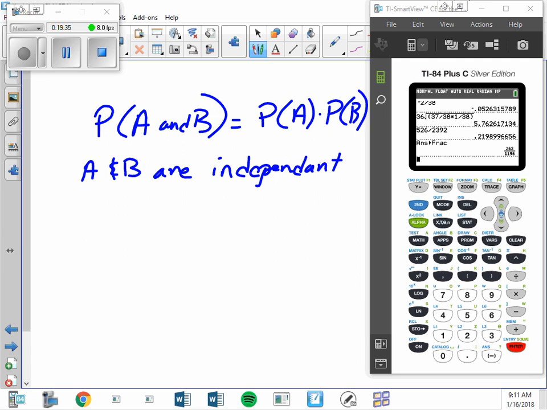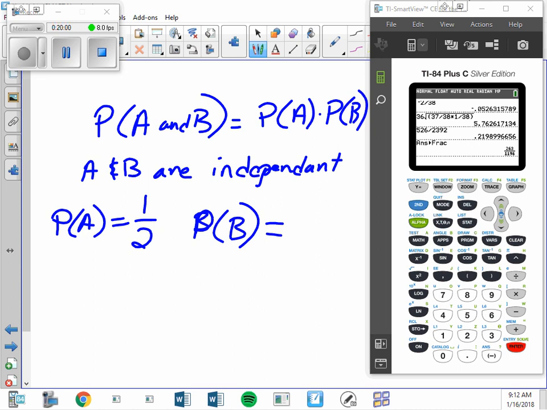Well, how many options are there in a true-false question? 2. How many of them are correct? 1. So the probability of A is winning 1 out of 2 times. Okay? What's the probability that you get B correct? 1 out of 2.